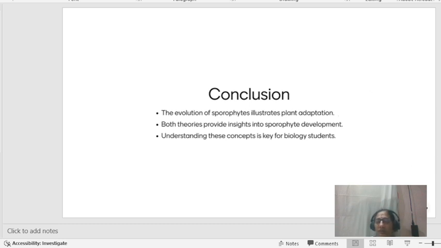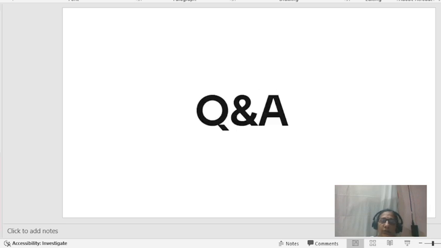Understanding this concept is key for any biology student. Thank you for understanding the evolution of the sporophyte, showing the two theories of how the sporophyte has evolved.